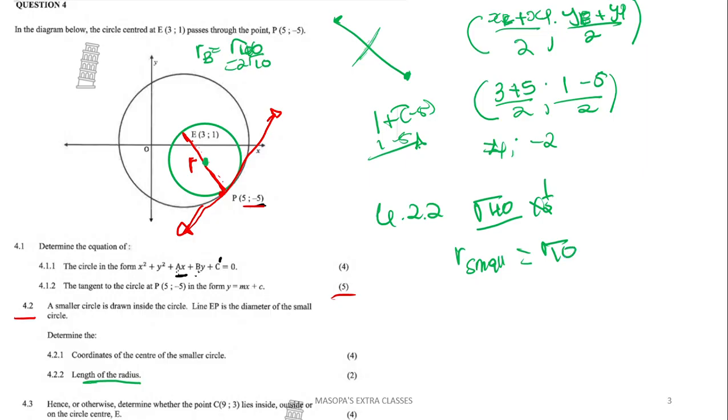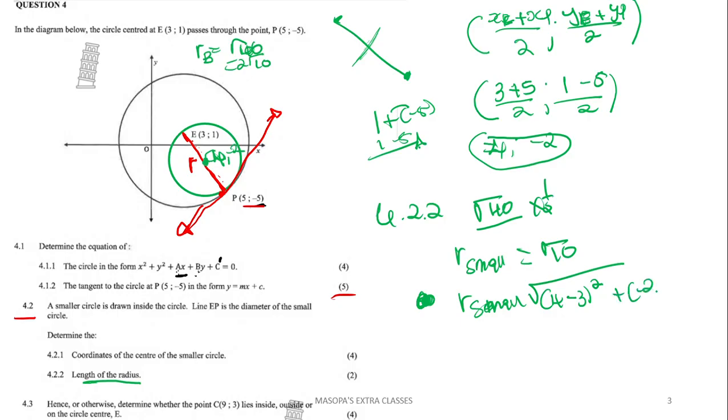Or if we didn't see this, we can normally look for the distance of the radius, because we have the center. Let's say our center now is (4, negative 2). Then the radius of the small circle is the square root of (4 minus 3) all squared plus (negative 2 minus negative 1) all squared.